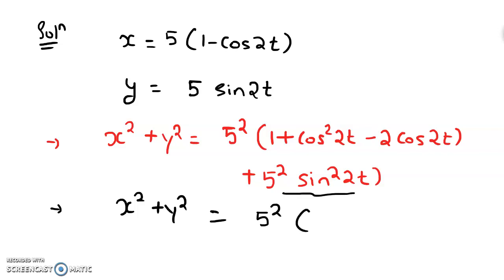So 5 square there. Now I'm just left with 1 minus 2 cos 2t. If you look closely, if you know a little bit of trigonometry, cos 2t I can write as cos square.